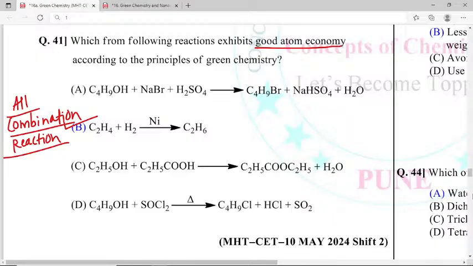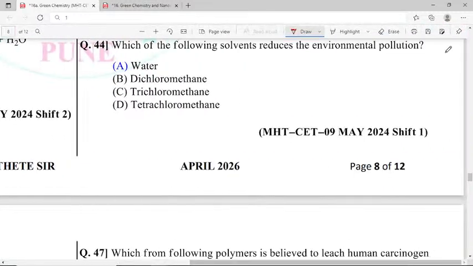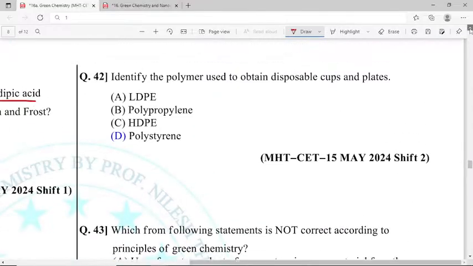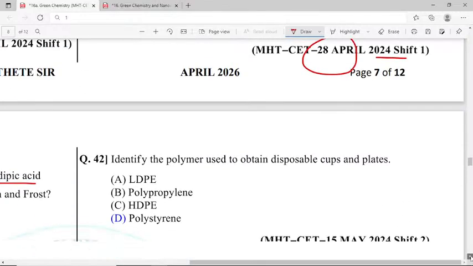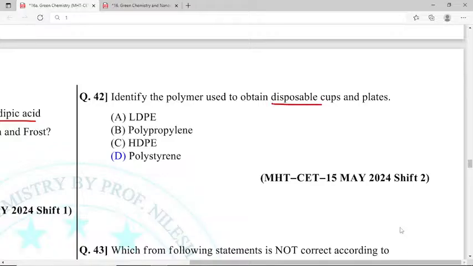Okay, next question. Identify the polymer used to obtain disposable cups and plates. Again the same question: polystyrene.